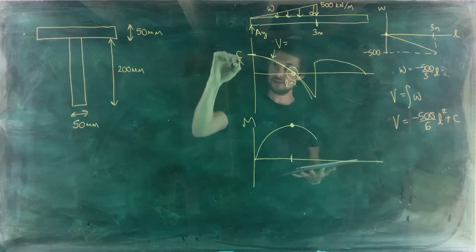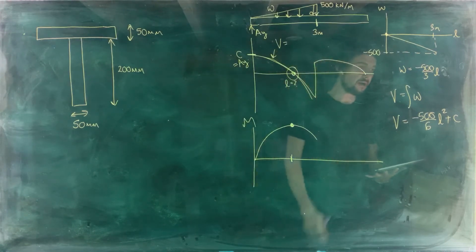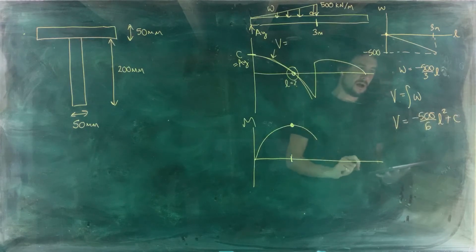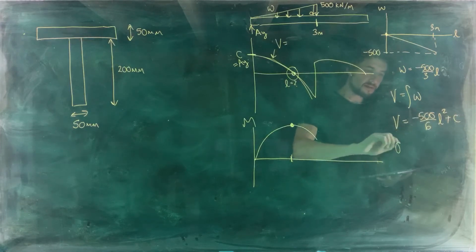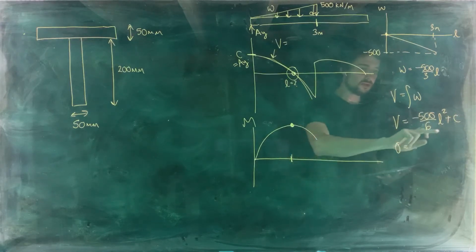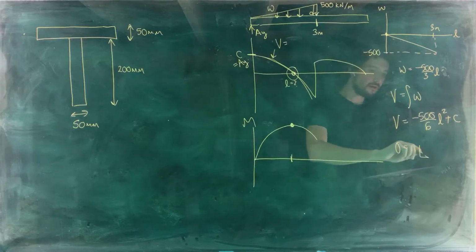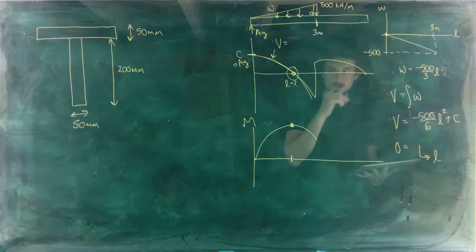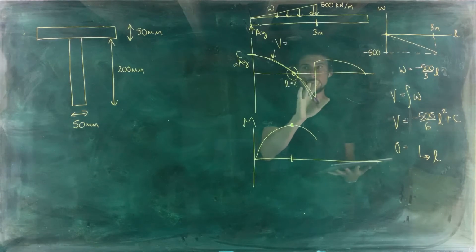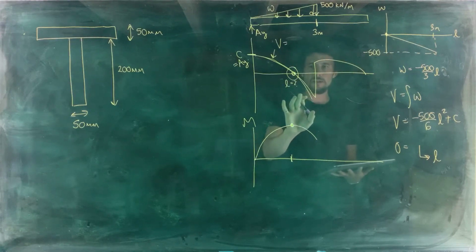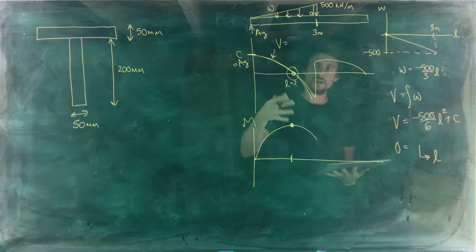So C is going to be equal to A_y there. Then once you get that, it's just a case of setting that equal to 0 and solving for your value of L. So I think I answered your question about that part, but then you mentioned, can you do it another way?